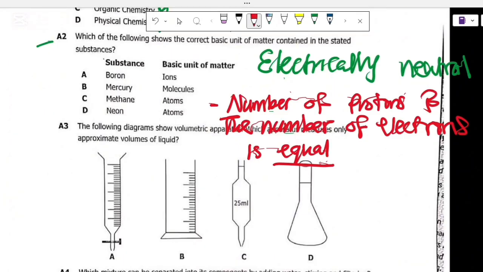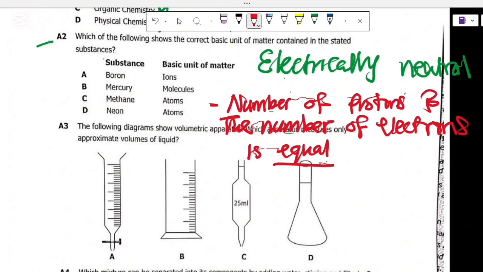So if you have an atom that has 12 protons, just know that when you are asked how many electrons it has, the same number, which is 12. That is very important when you are talking about the particulate nature of matter and atomic structure. The number of protons is equal to the number of electrons.